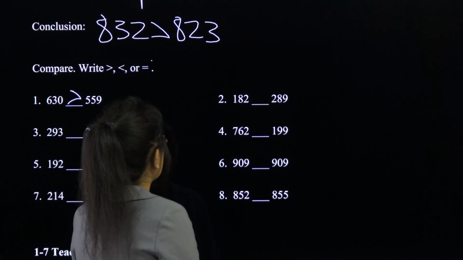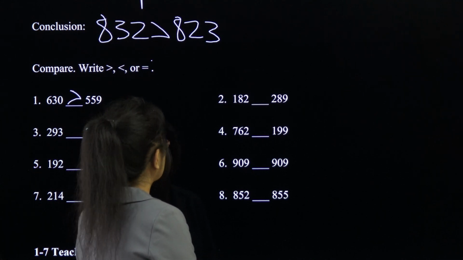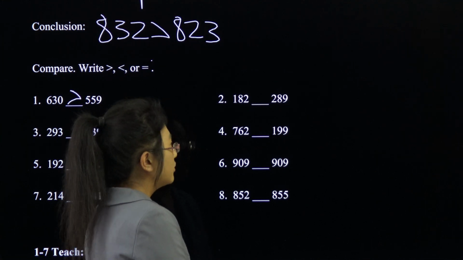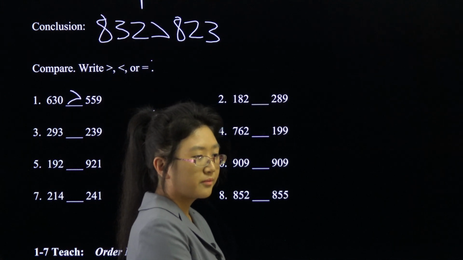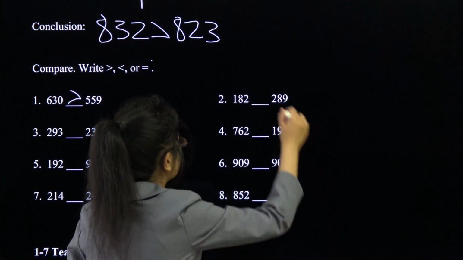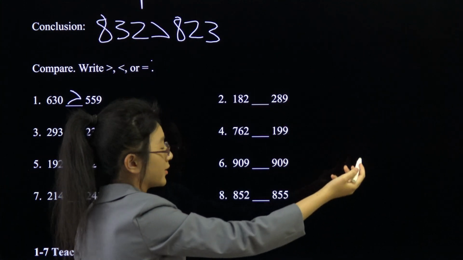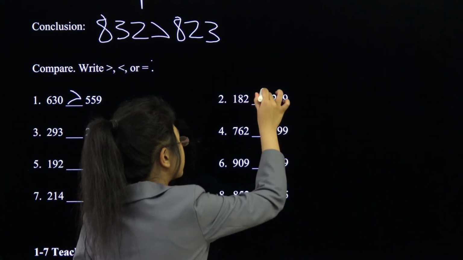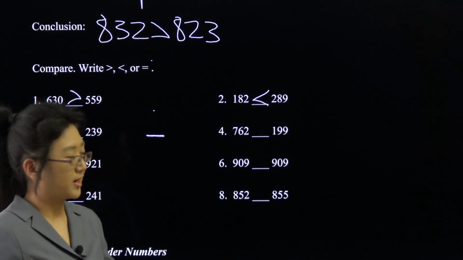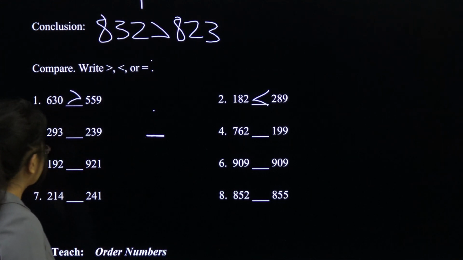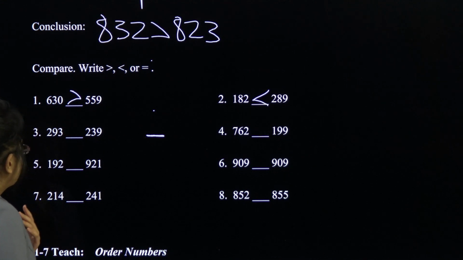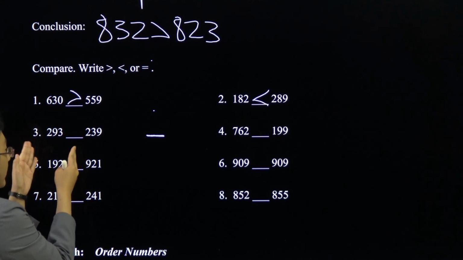182 and 289. Well, 2 and 1, which is bigger? 2 is bigger than 1. So 200 something is bigger than 100 something. 182 is less than 289. 293 and 239. 2 and 2 are the leftmost digits.